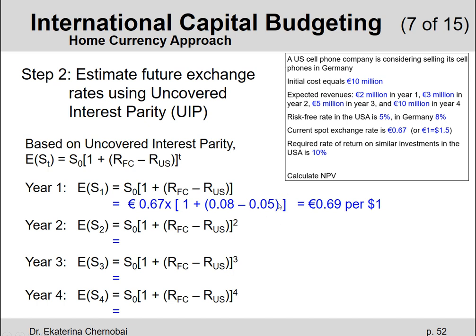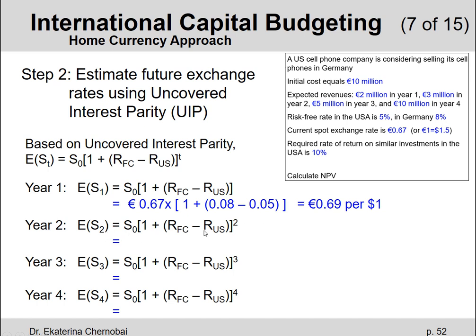We don't use any power, although we could put 1 at the end of the closing bracket. The answer is 0.69 euros per $1. So that's the expected exchange rate in 1 year.